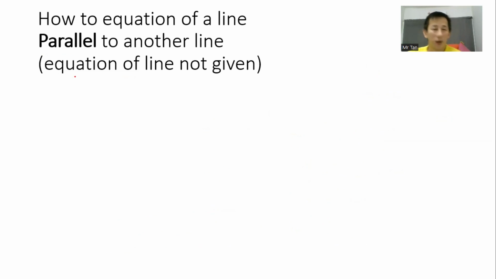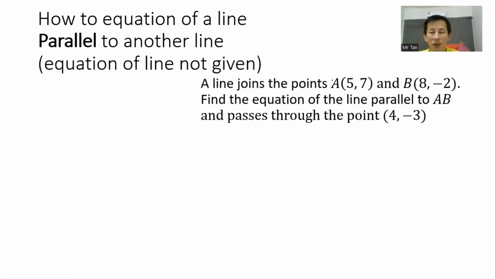Now, what if the equation of the other line is not given? They give you something like this: a line joins the points A and B. Find the equation of the line parallel to AB, where A is (5, 7) and B is (8, negative 2), and it passes through the point (4, negative 3). AB is this line.